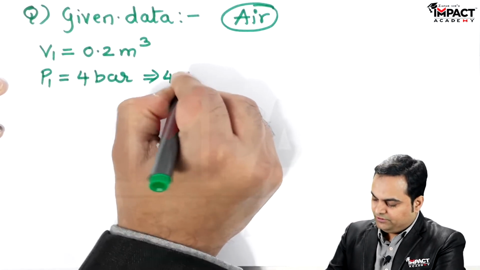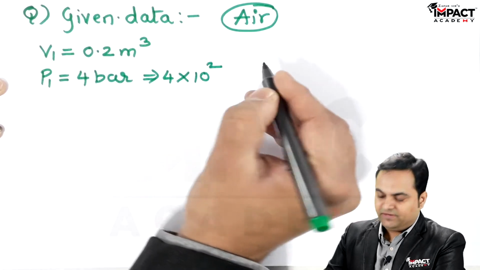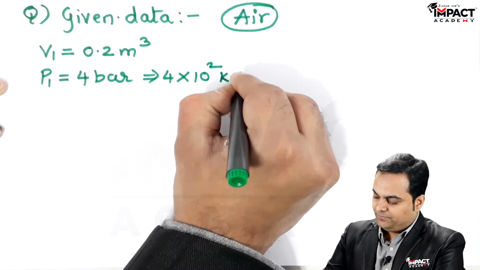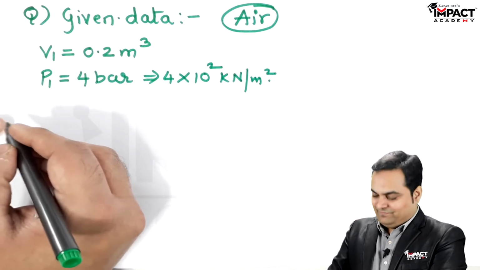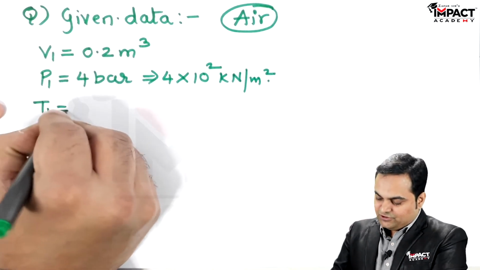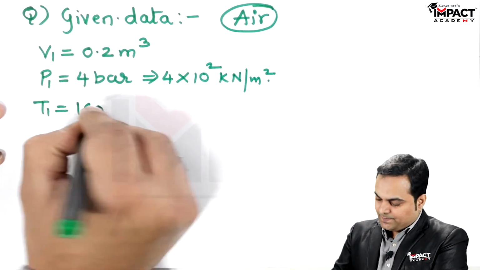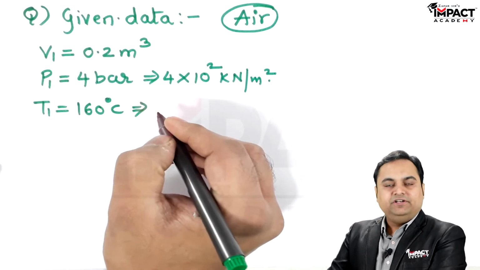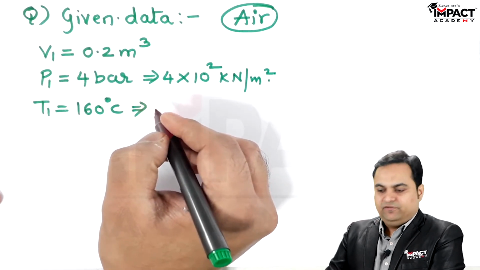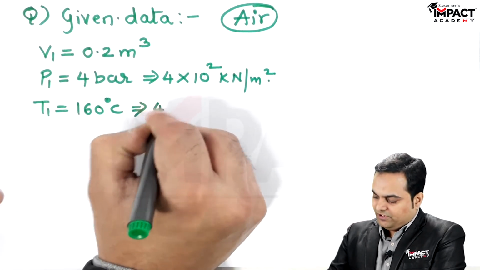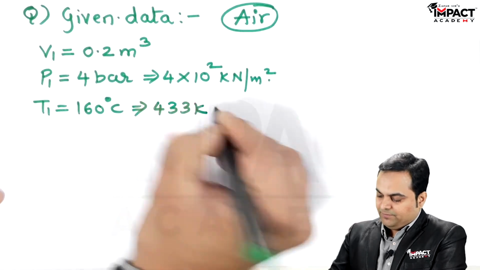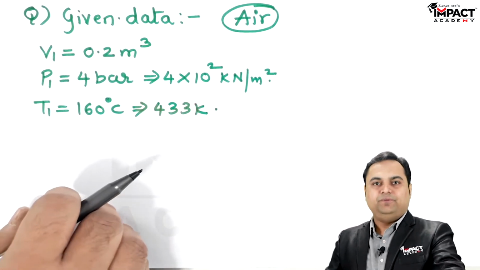It is 4 into 10 raised to 2, that is 400 kilonewton per meter square. Then the initial temperature is 160 degrees Celsius. Adding 273 to it will give me the value in Kelvin, and that is 433 Kelvin.